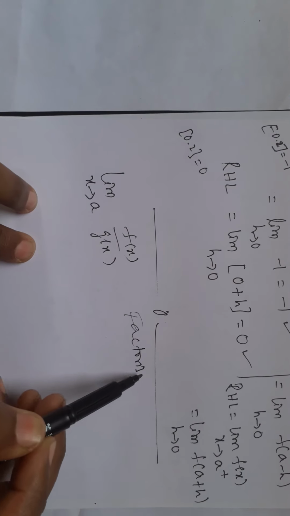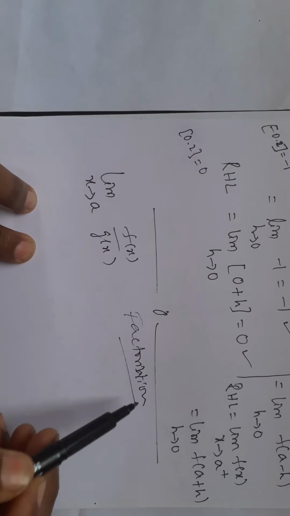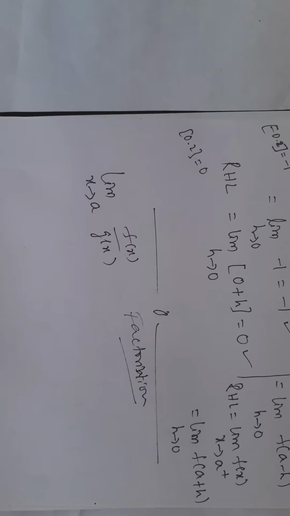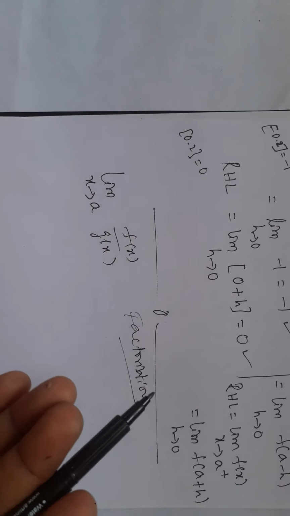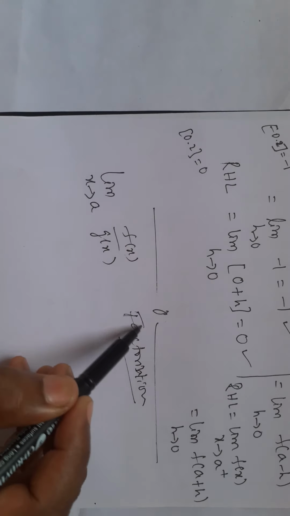The technique of factorization means we can easily factorize the numerator and denominator. Numerator f of x can be factorized, g of x can be factorized. Some of the factors usually get cancelled, and further you can simplify by directly approaching the value of x with the given value, say a in general. Then we can easily evaluate the limits. So one technique is factorization.